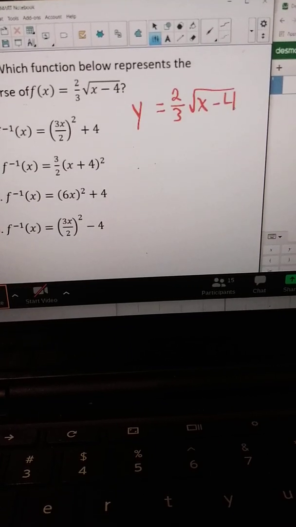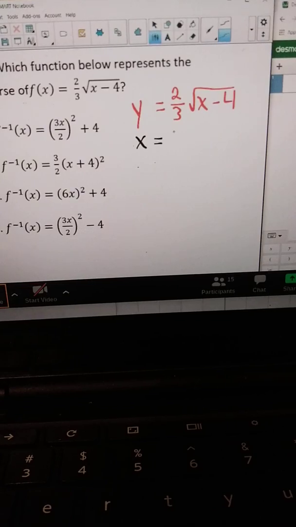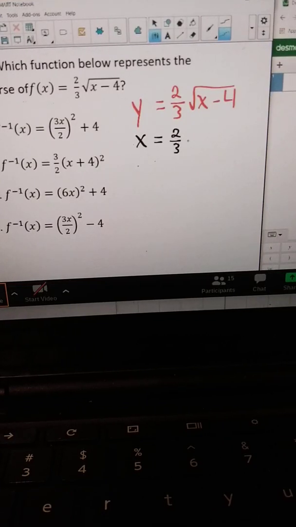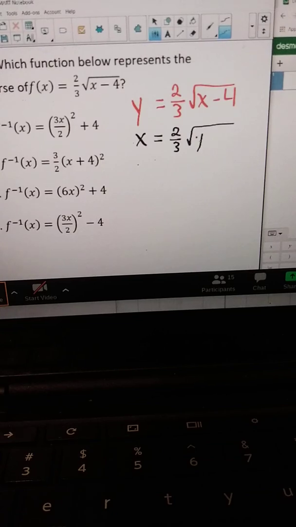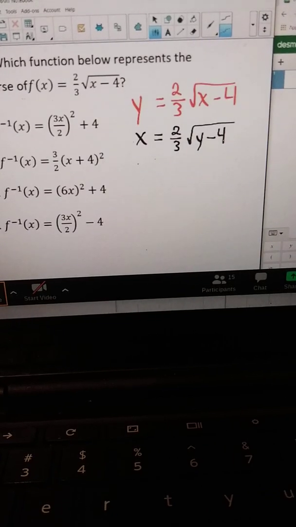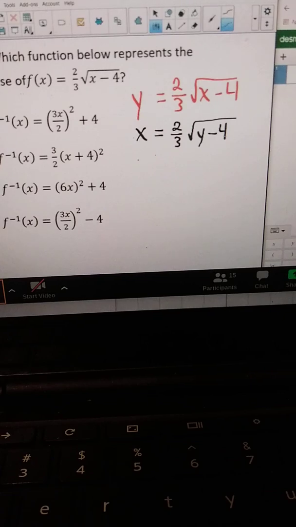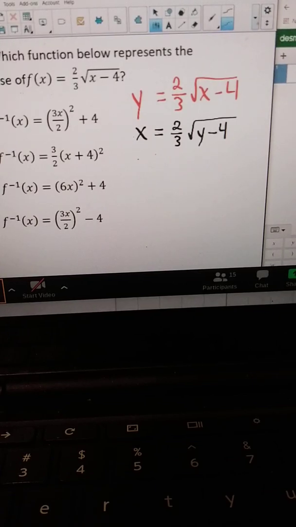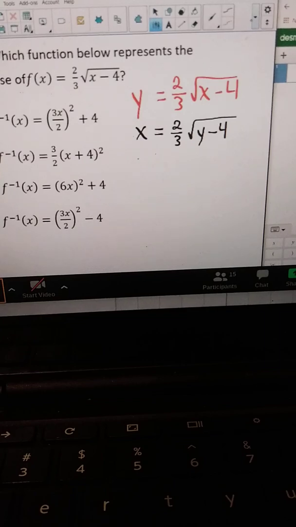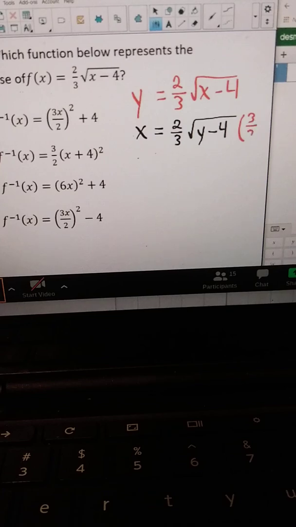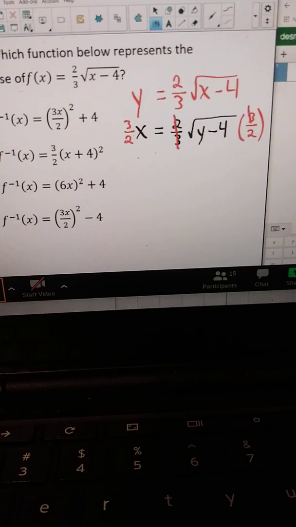So when we were finding the inverse, the first thing we must do is switch X and Y. Okay? From there, we got to solve for Y. So, first thing I'm going to do is multiply by the reciprocal on both sides. So instead of 2 over 3, multiply by 3 over 2 on both sides. In the process, they cancel out on the right-hand side.